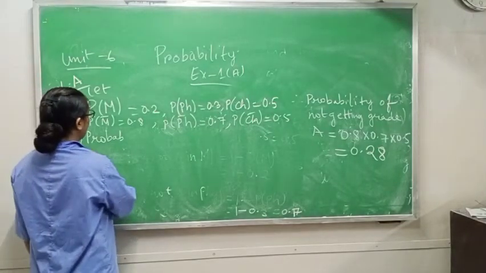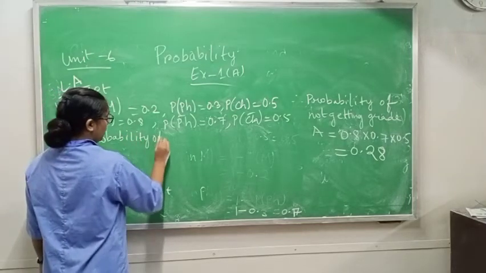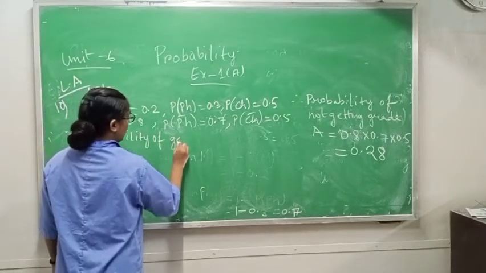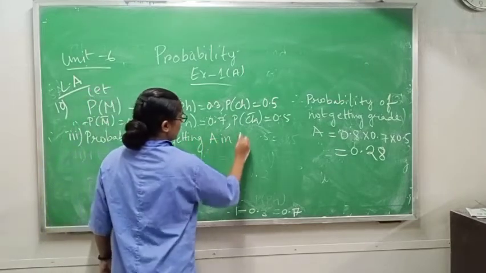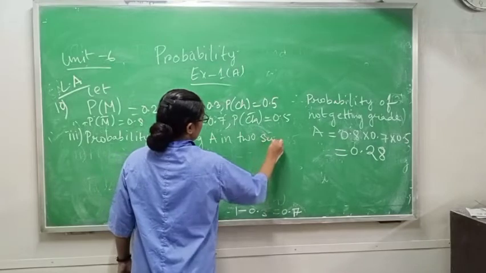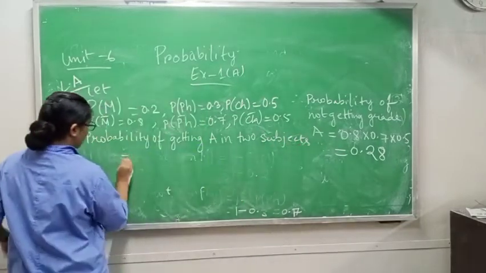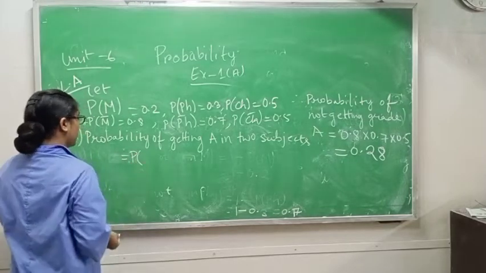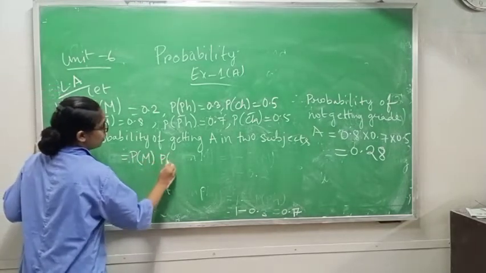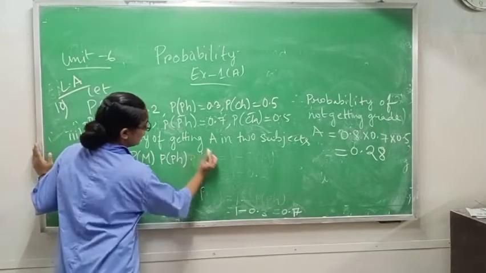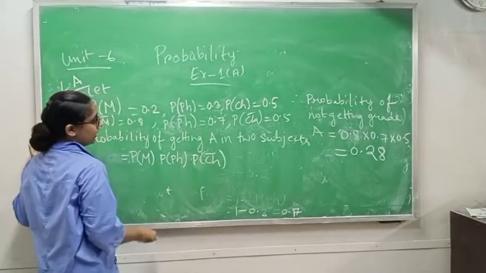So at that time, the probability of getting A in two subjects: you will write for this one, suppose he or she is getting A in maths and physics but not in chemistry, so you write P(CH bar) for that.